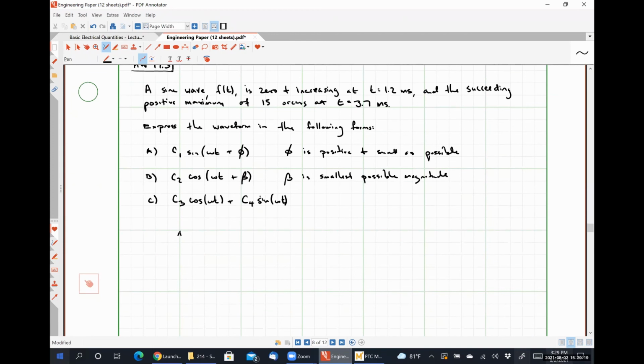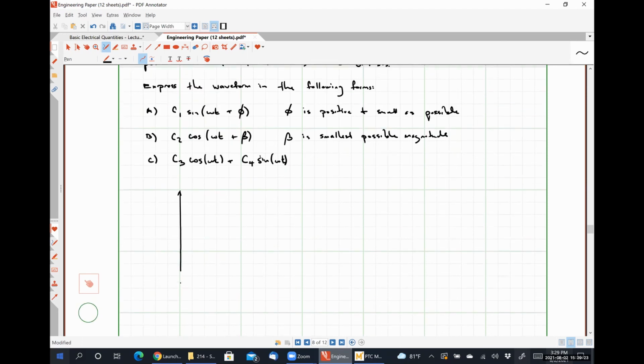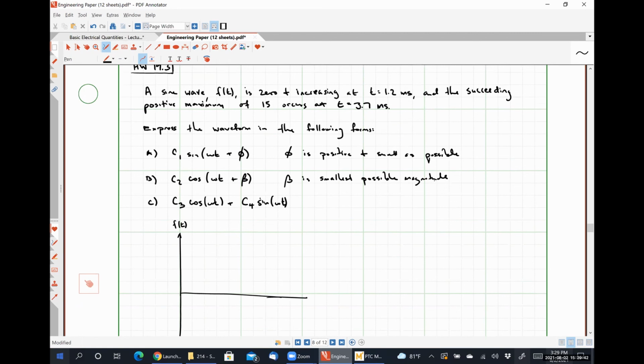I think it can be helpful. This is not remotely going to be to scale, but that'll be okay. So this is our waveform f of t. What is the maximum value of the waveform according to the problem statement?